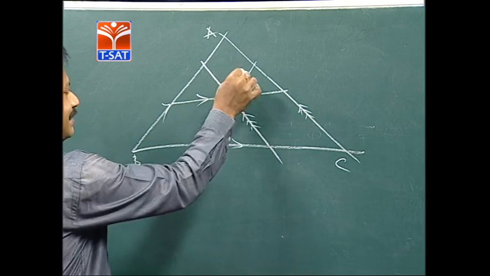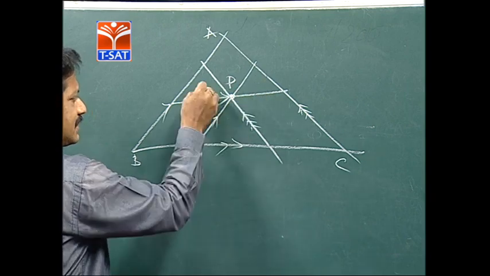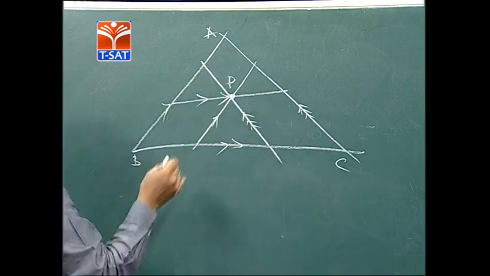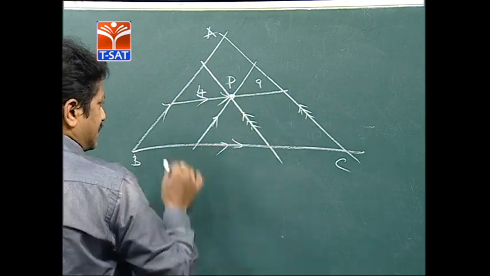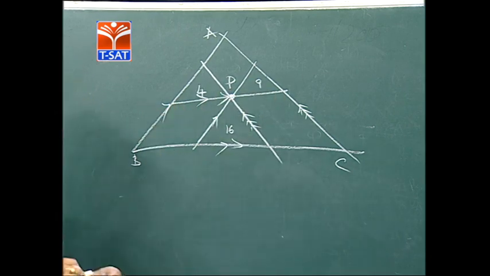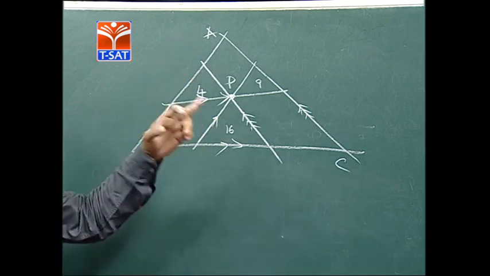The areas of the smaller triangles formed in the triangle are 4 square units, 9, and 16. Then find the area of triangle ABC.